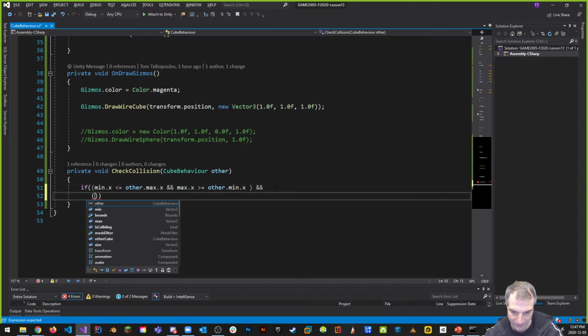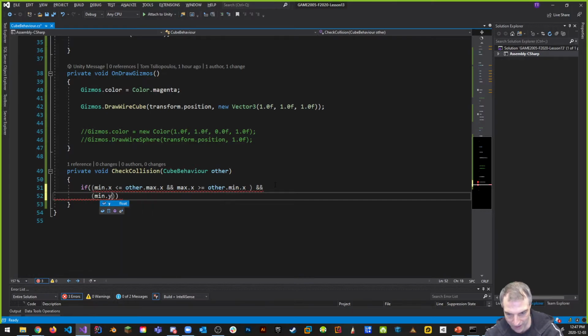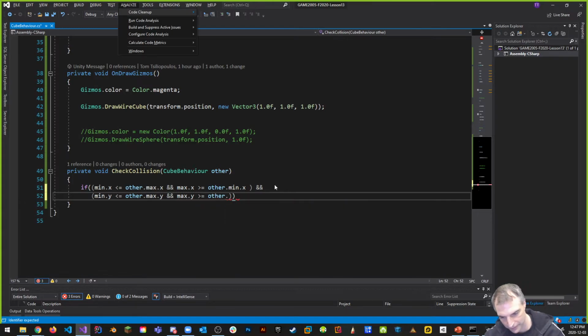And then we're going to say min dot y is less than or equal to other dot max dot y, and max dot y is greater than or equal to other dot min dot y.